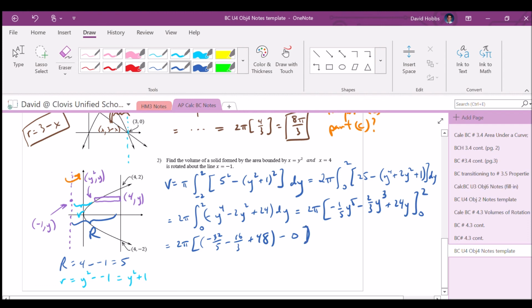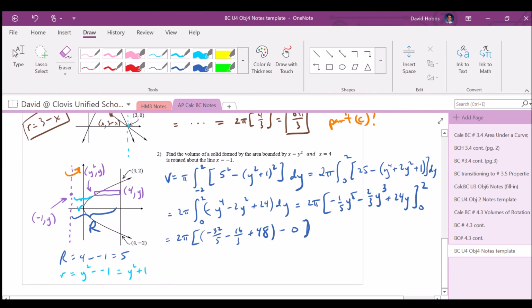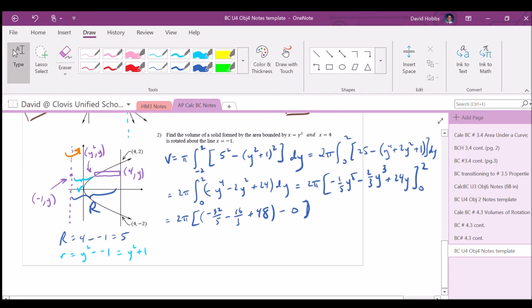So this one's actually very much a test type problem, not too horrible without a graphing calculator. Common denominator would be 15. That's a little bit tough, but sometimes we're going to have to deal with that. So 2 pi.